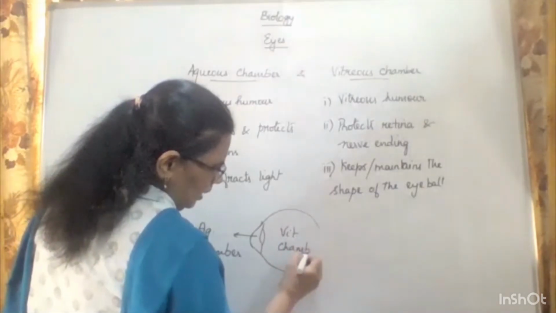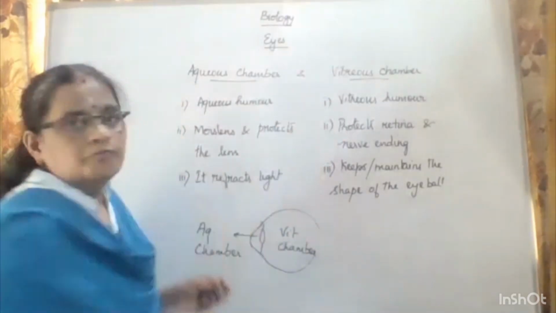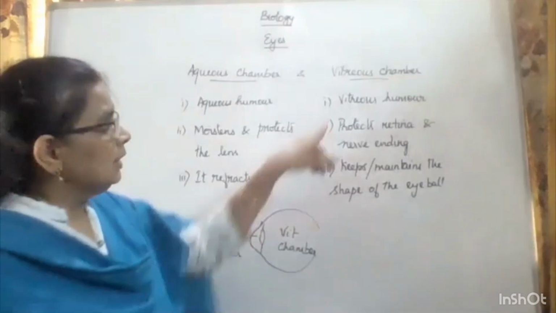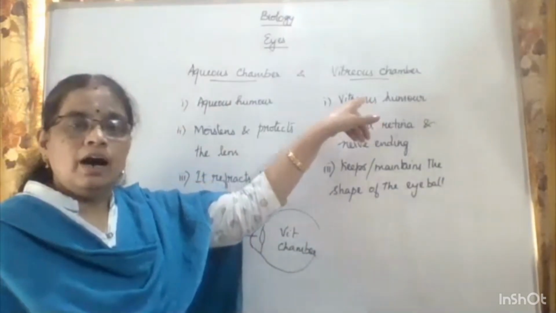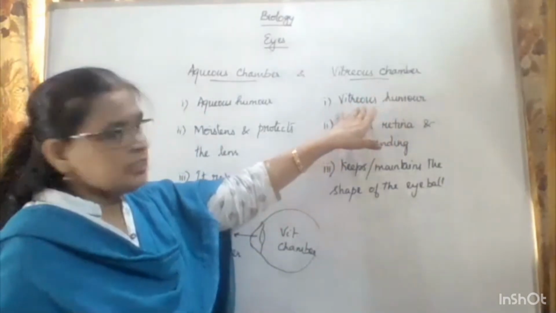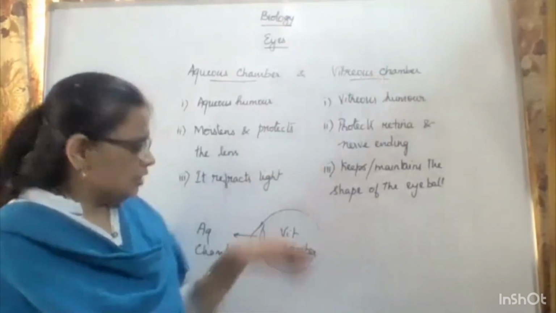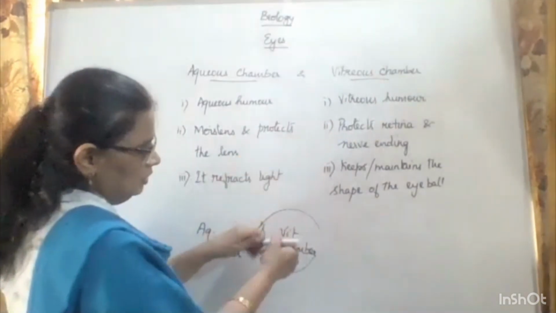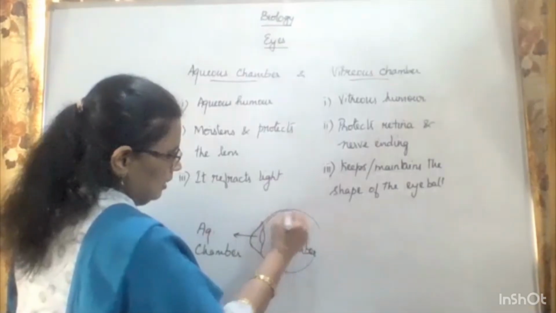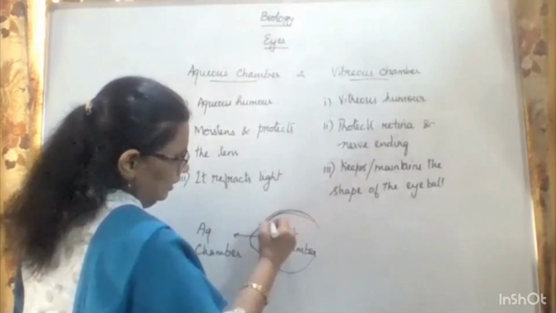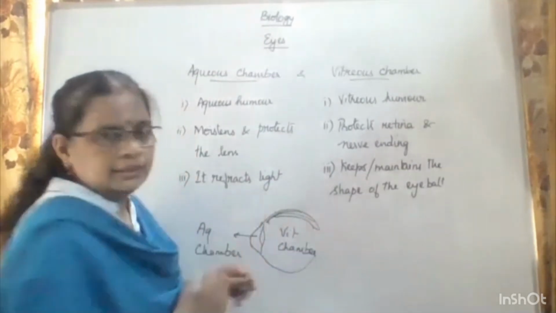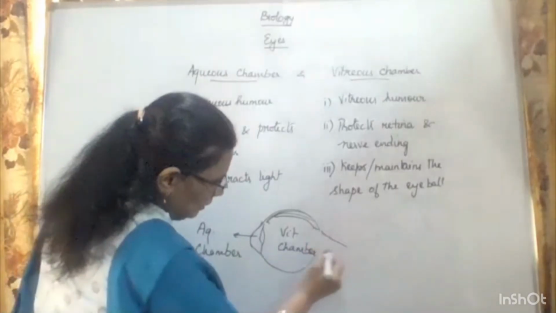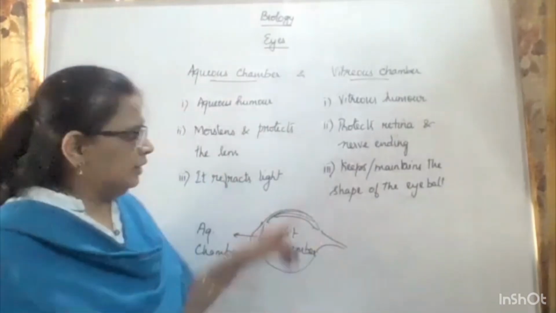This vitreous chamber has vitreous humor. Look at the spelling, children: vitreous humor. What's its function? This fluid helps in protecting the retina. So here we have the sclera, choroid, and retina. It protects the retina and nerve endings.